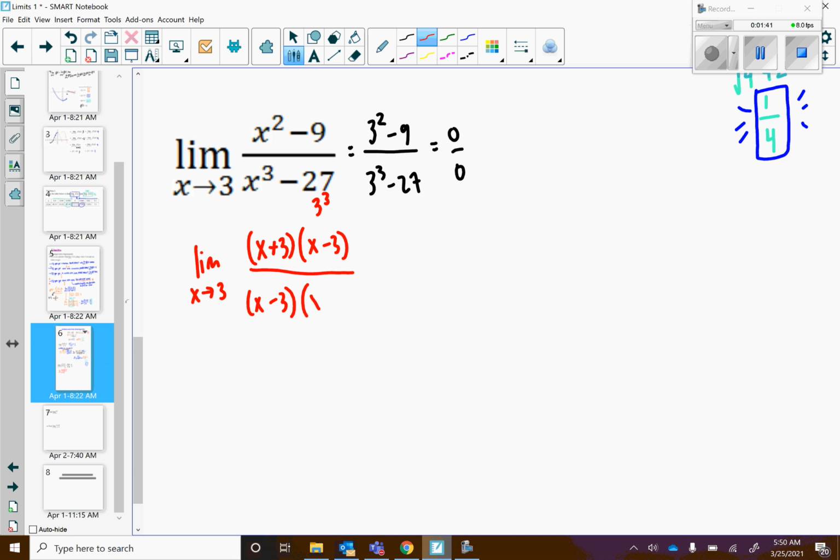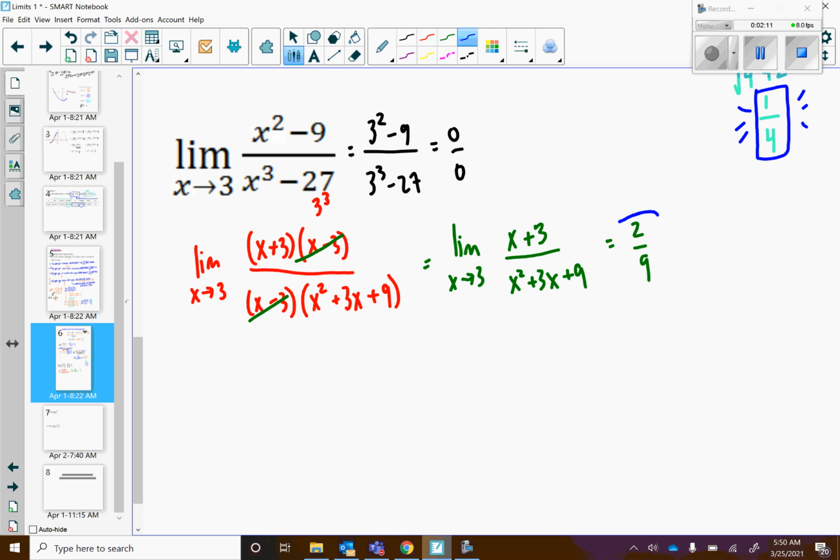So in this case, x minus 3 times x squared plus 3x plus 9. I like this because look, my x minus 3's cancel. And now I have the limit as x approaches 3 of x plus 3 over x squared plus 3x plus 9. If you want to pause the video and plug it in and evaluate and simplify, but when I do that, I get 2/9.